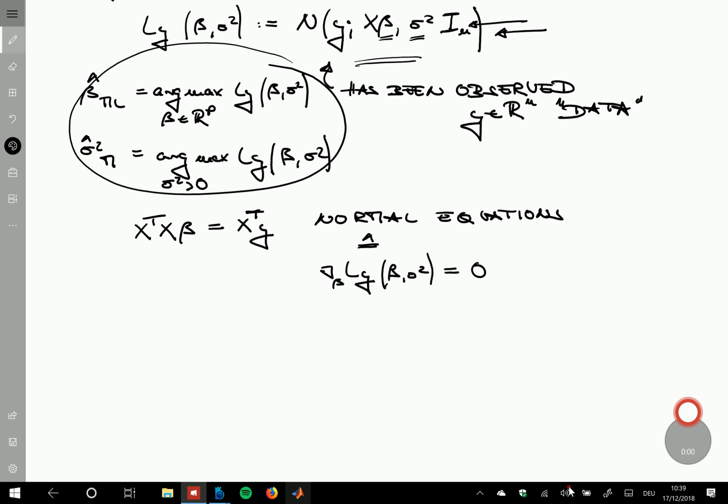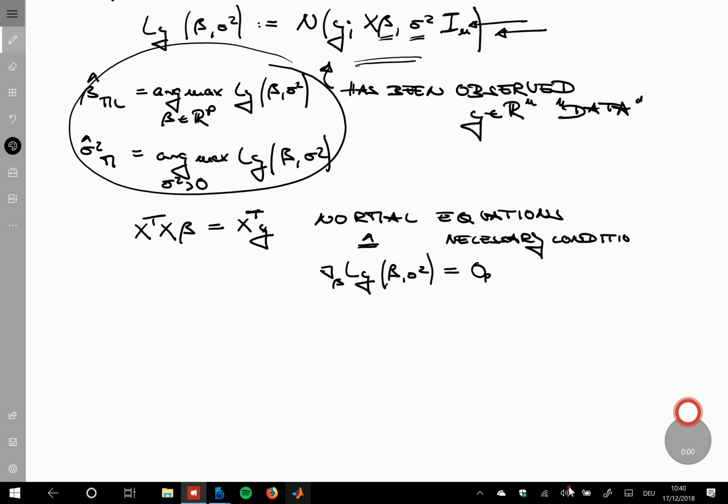Saying the derivative with respect to beta equals 0, which is actually a p-dimensional 0 vector, is the same as saying the transpose of the design matrix times the design matrix times the beta parameter vector equals the transpose of the design matrix times the data. These are what's called the normal equations. And this is essentially just the necessary condition for a maximum or minimum, so an extreme point.